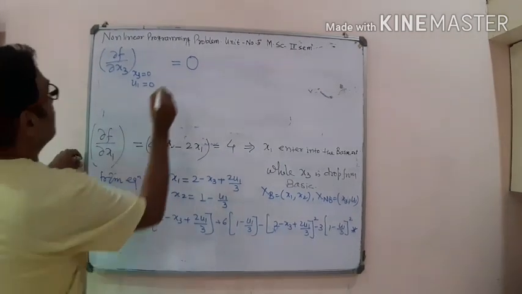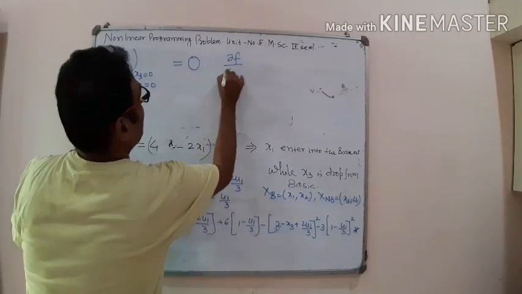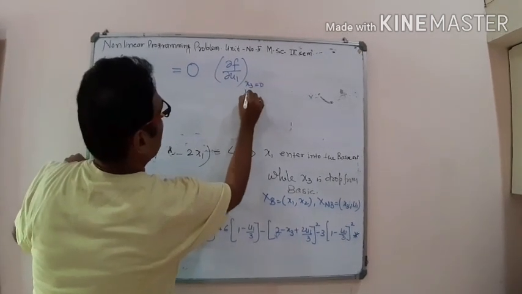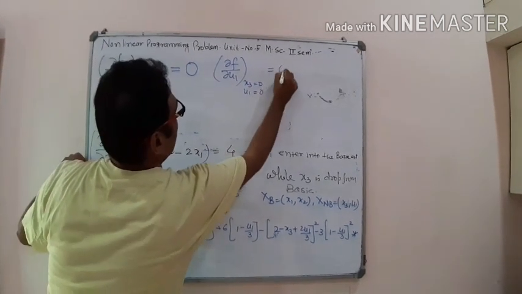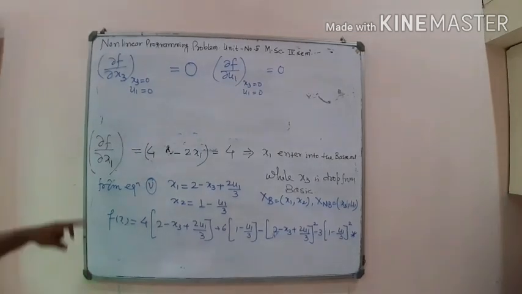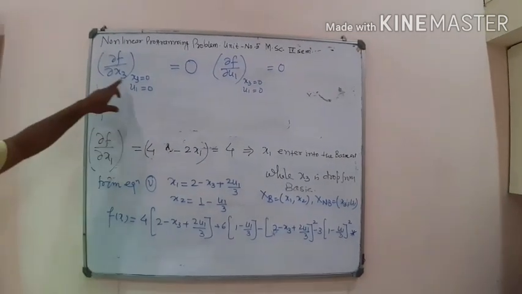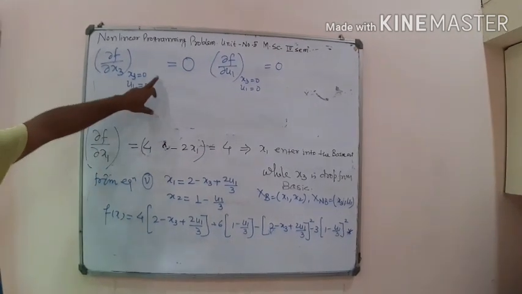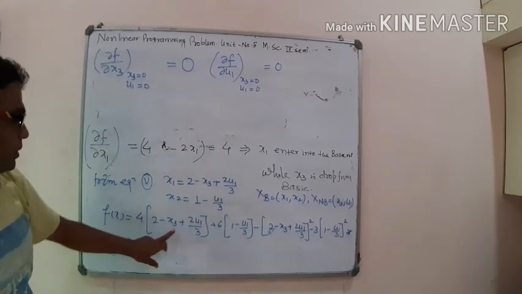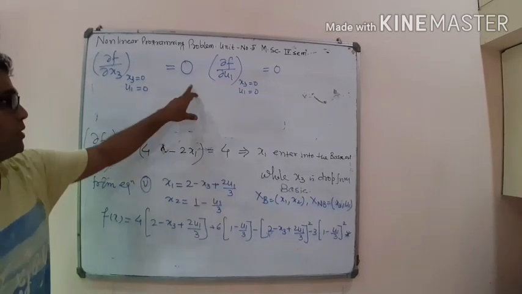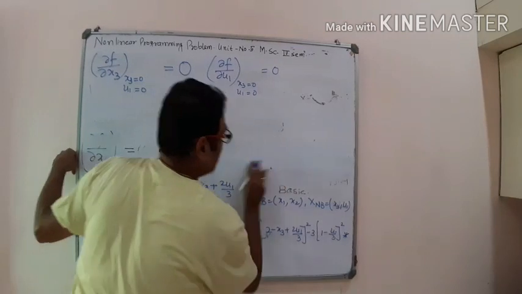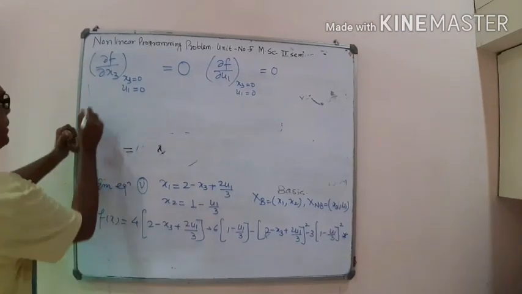Now del f by del u1, at x3 equal to 0 and u1 equal to 0, again it becomes 0. So we reach an optimum condition. In the previous case it was greater than 0, but here we observe that both partial derivatives at x3 and u1 are 0, so the optimality condition is reached here.